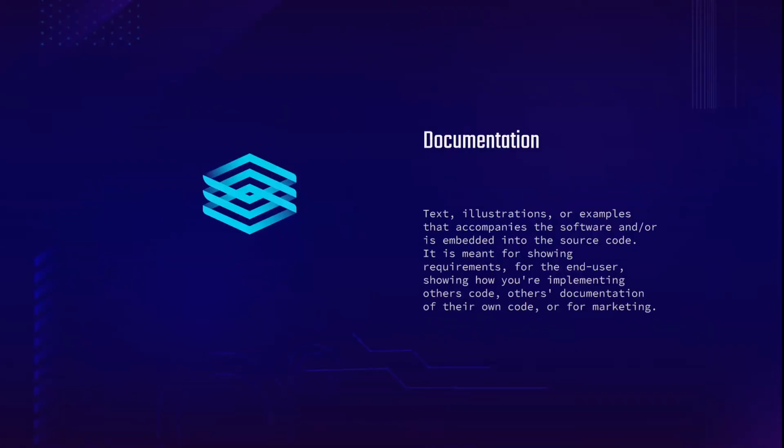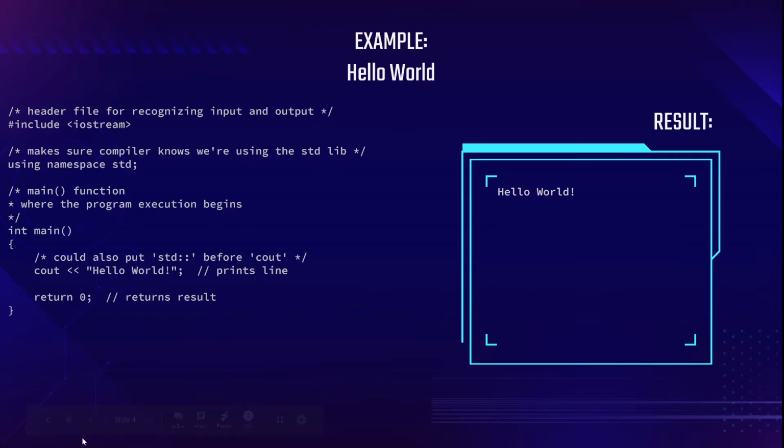So, important thing to note, as you saw stuff that wasn't actually code: documentation. It could be anything from text, illustrations, or examples that accompany the software and/or is embedded into the source code, which means this slash asterisk, asterisk slash, that is some of the stuff that's quote-unquote embedded in the code.